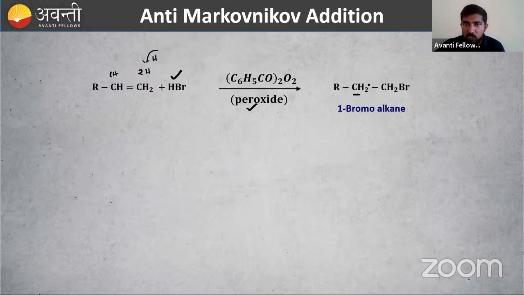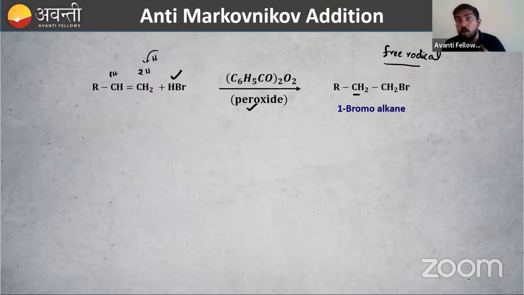So CH3, CH2, CH2Br. There is no carbocation formed. Here actually, the intermediate formed is a free radical. So you know how to find the Markovnikov product. Then HBr in the presence of peroxide, only for HBr. HI, no anti-Markovnikov. HCl, no anti-Markovnikov.